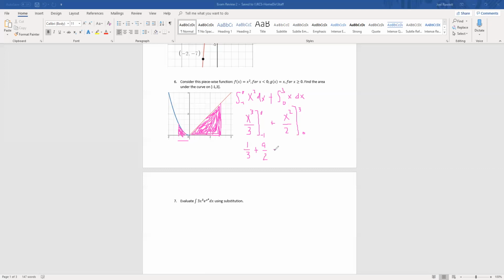I guess I better get a common denominator. So I'm going to let 6 be the common denominator. And 3 goes into 6 2 times. So that's going to be 2/6, which is the same thing as 1/3. And then if I divide 2 into 6, that's 3 times, and 3 times 9 is 27. And 2 plus 27 gives me 29, so 29/6.